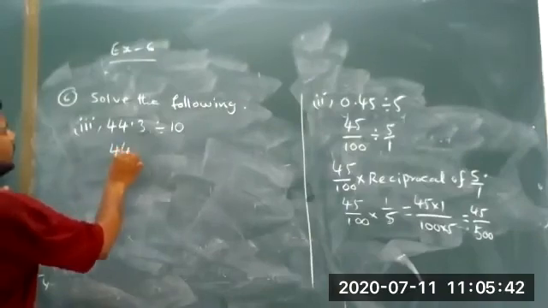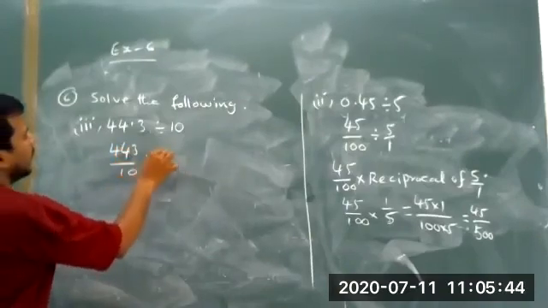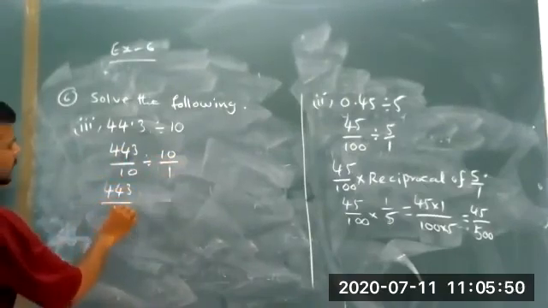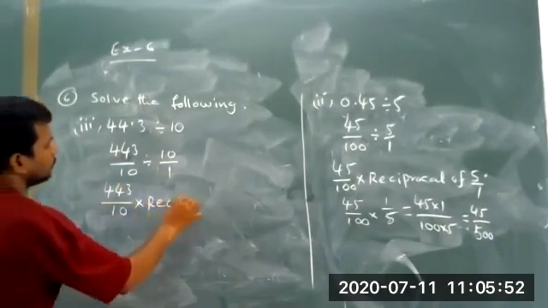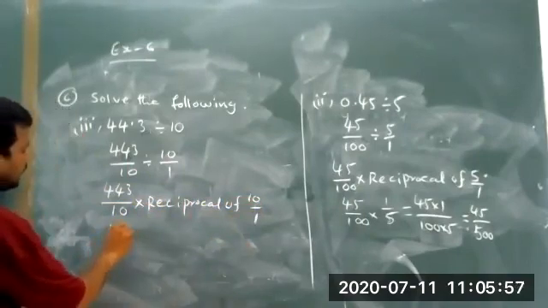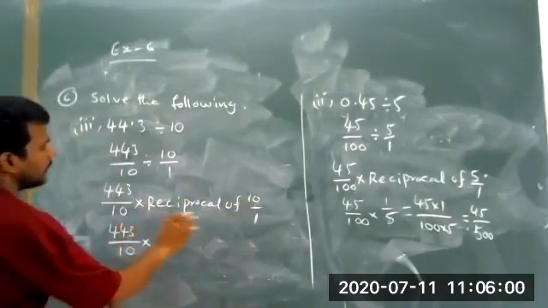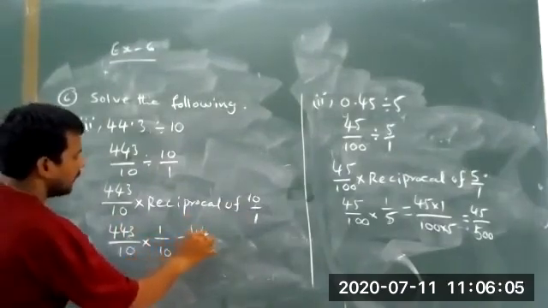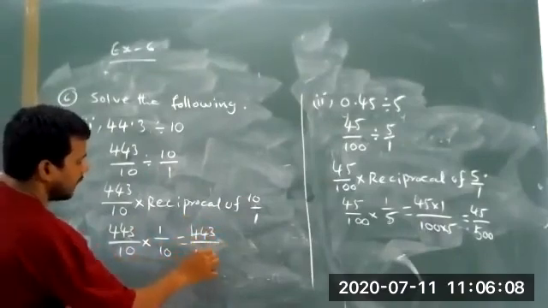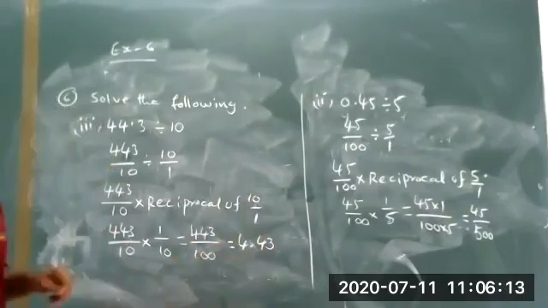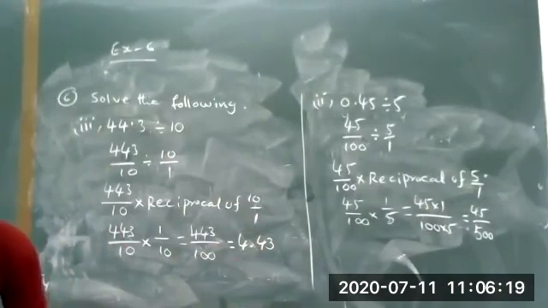So 443 by 10 divided by 10 by 1. Now 443 by 10 into the reciprocal of 10 by 1, which is 1 by 10, equals 443 by 100, equals 4.43. So what is the answer? 4.43. Clear?